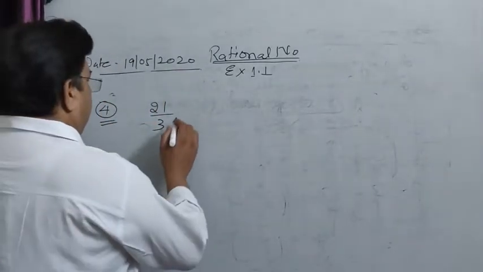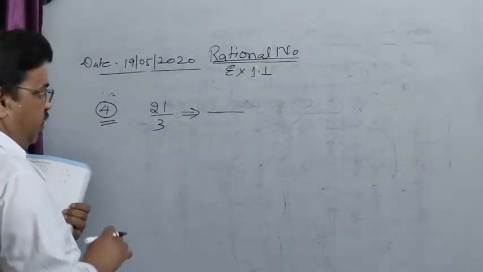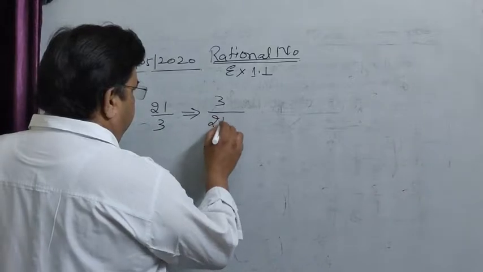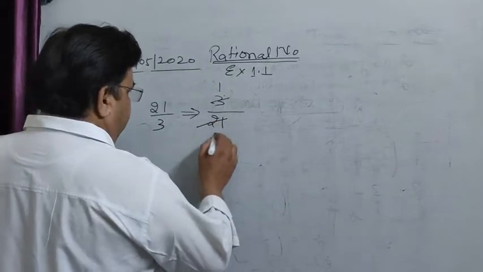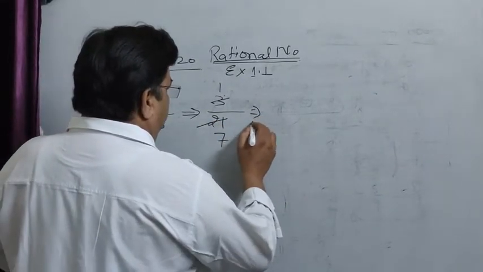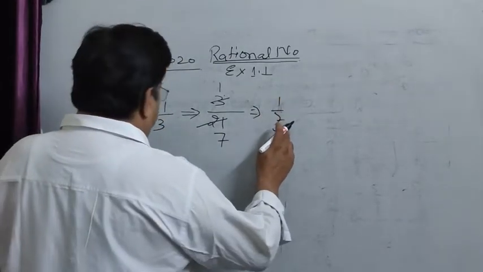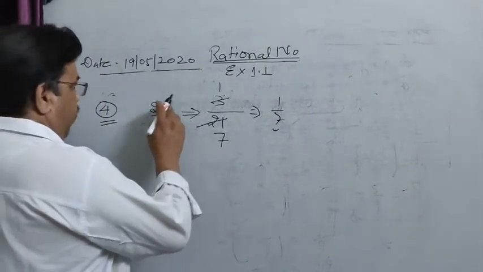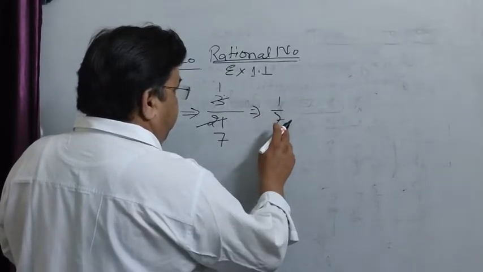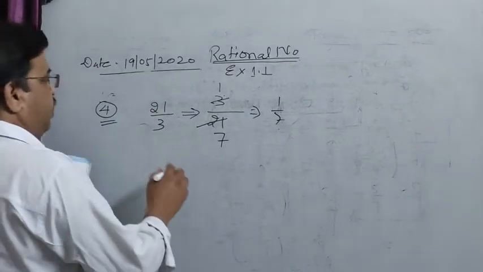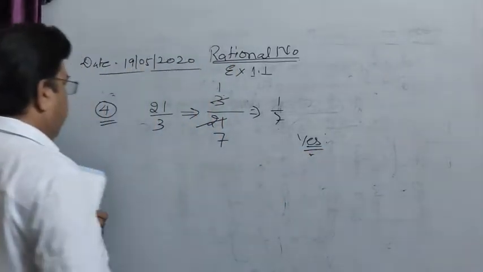Write the inverse of this number, 3 upon 21, and cancel: 3 ones are 3, 3 sevens are 21. We have got 1 by 7, and this is the multiplicative inverse of 21 by 3. Is this clear? Yes, this is okay.